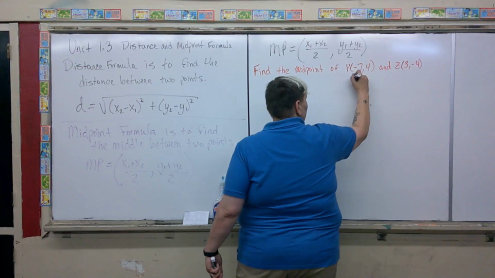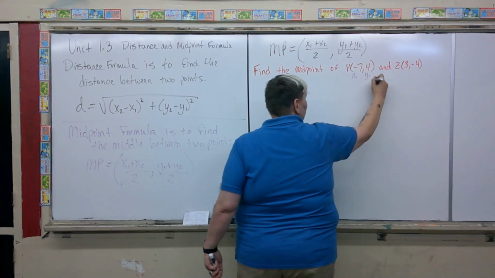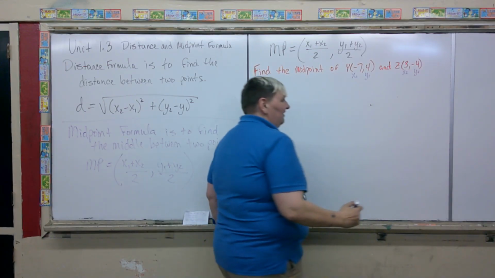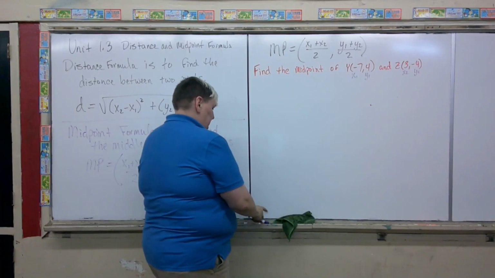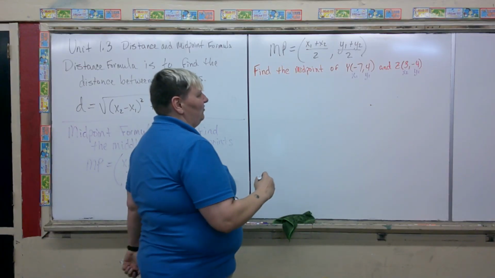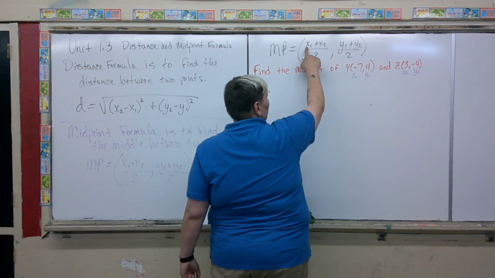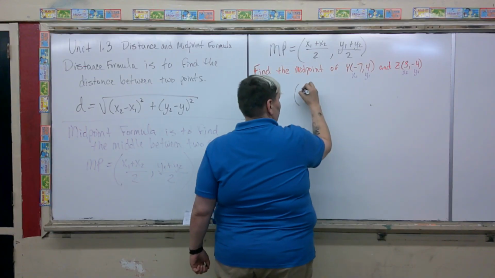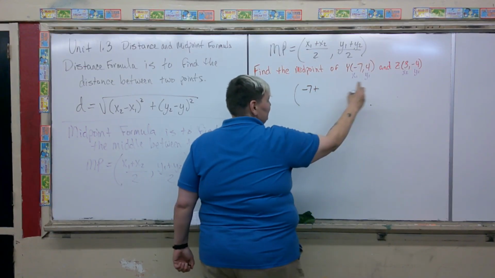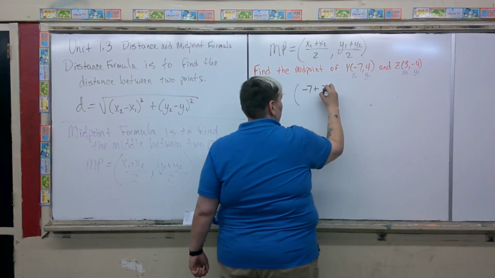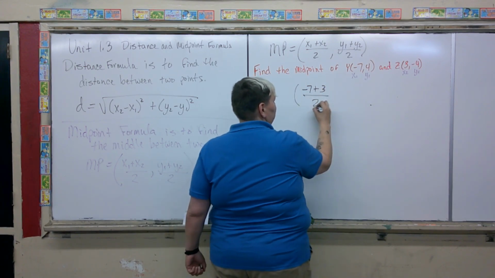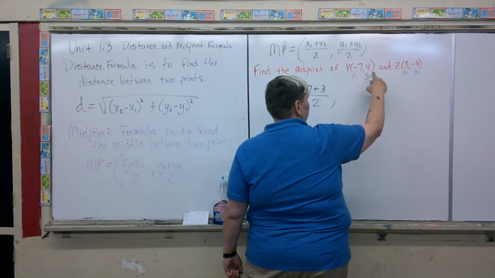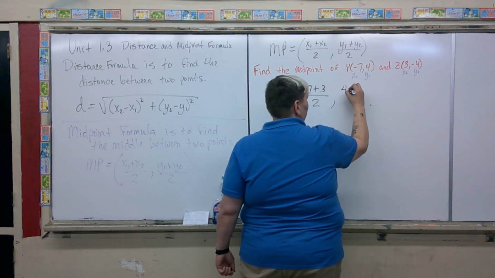First x, first y, second x, second y. Now we're going to substitute it in. x1 plus x2, divided by 2, comma. y1 plus y2.